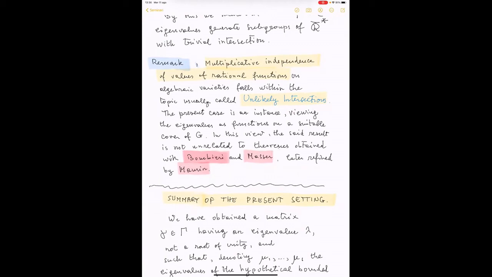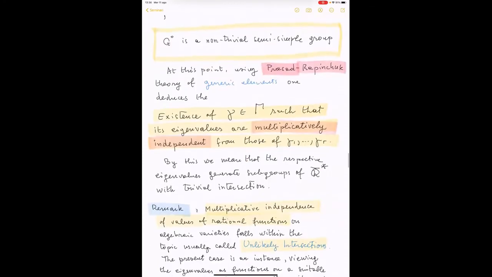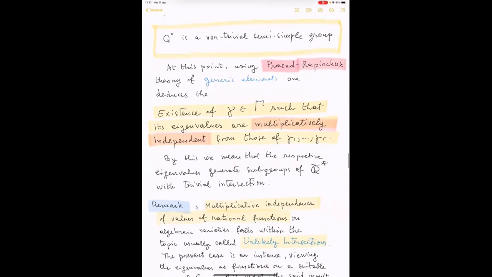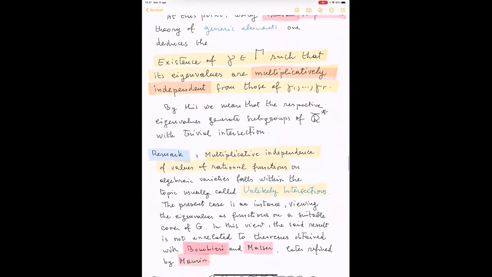And so this multiplicative independence of values is not unrelated to theorems obtained jointly with Bombieri and Masser, and later refined by Guillaume Morin. So maybe that theory also can be applied to obtain conclusions similar to this. It is curious that a completely different theory of Prasad-Rapinchuk leads to somewhat similar conclusions.